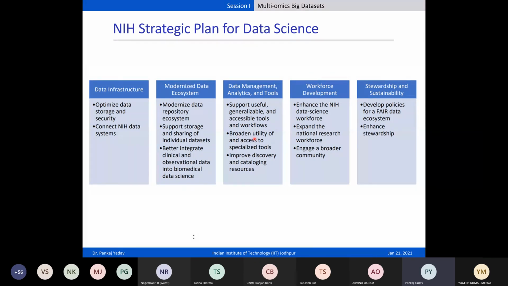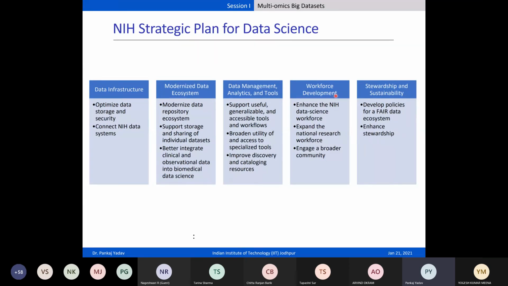They have also broadened access to specialized tools, and have a policy to improve the discovery and cataloging of resources, which is also important.